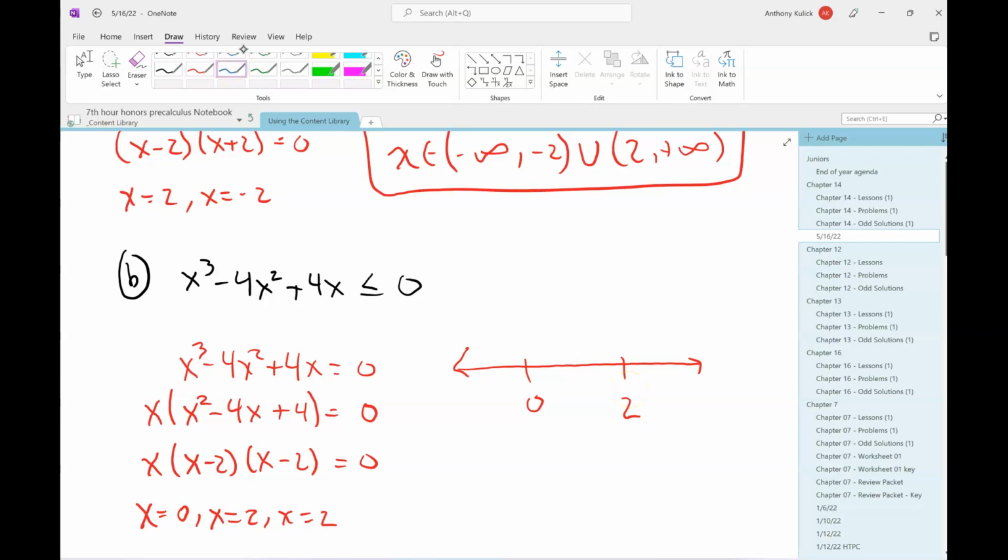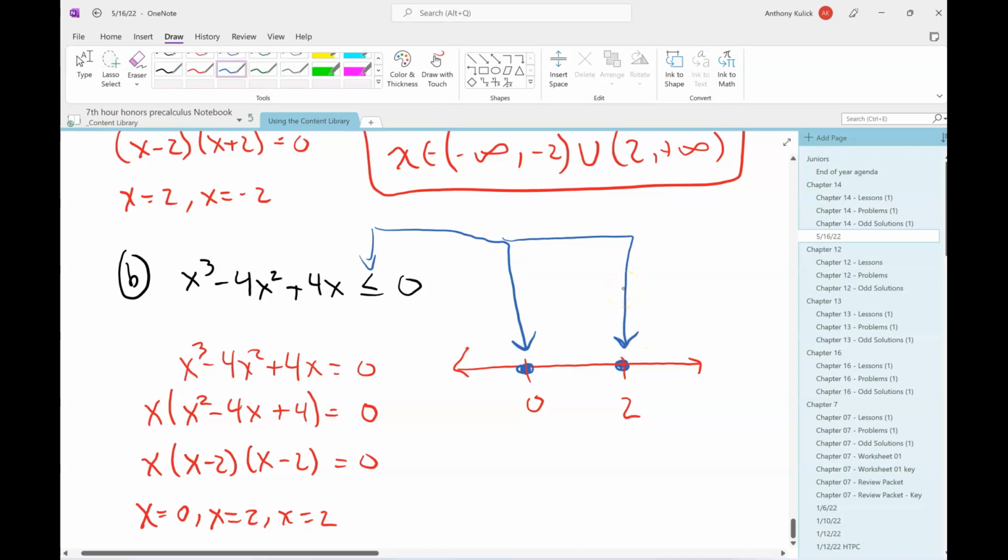Okay, should I be drawing open or closed circles here at 0 and 2? Closed. Why? Yeah, we have the or equal to inequality. So I'll pick some test values. Okay, -1 cubed is -1.